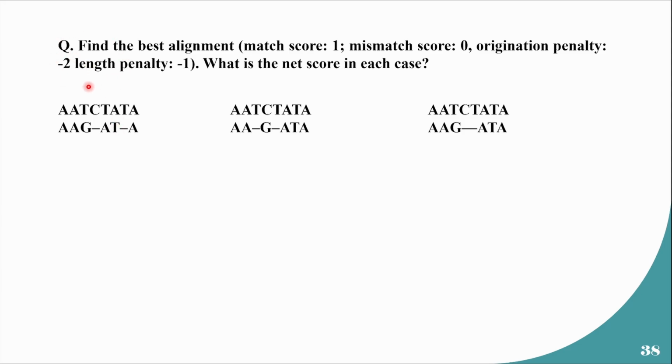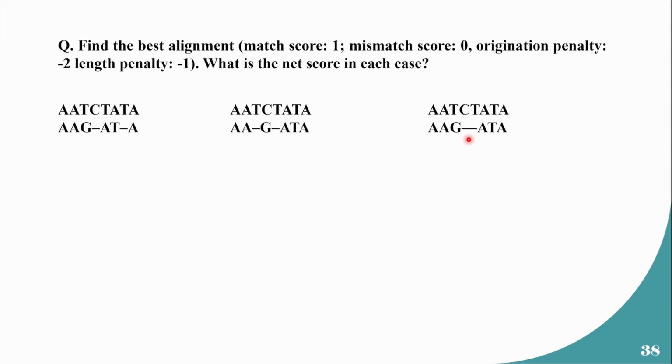So that is why you are given 2 times the origination penalty at this particular alignment. Similarly, 2 times origination penalty will be given here. And then here, because these two gaps are present just one after another, only one origination penalty will be given here. Because if you compare the other ones from the gap perspective, this will be less unfavorable because it is present just at the subsequent location.